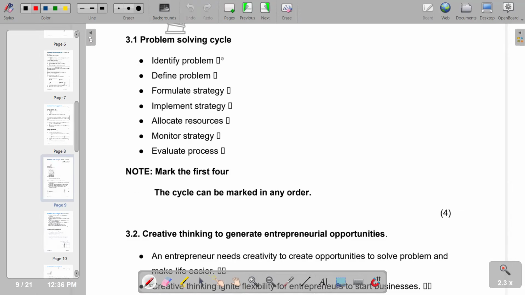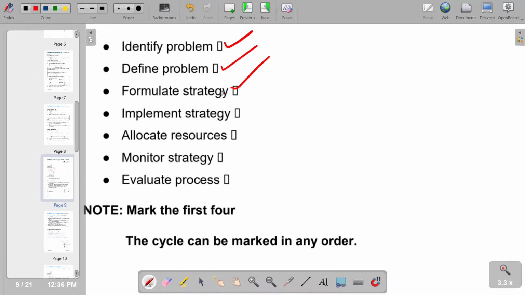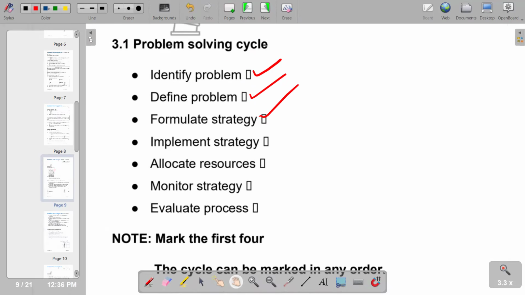We identify the problem, then define the problem, formulate a strategy, and from formulation of strategy, you are supposed to implement the strategy. So this is the order that we have: implement strategy, then allocate resources, monitor strategy, evaluate the process. So this is the problem solving cycle.